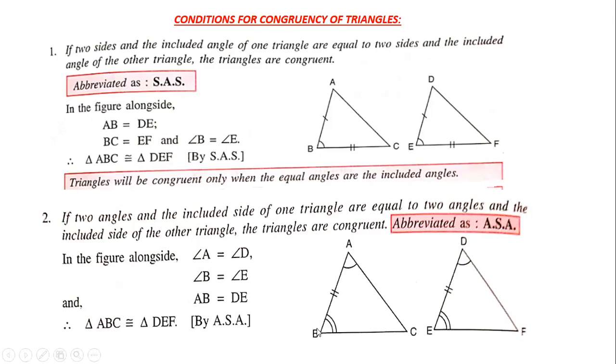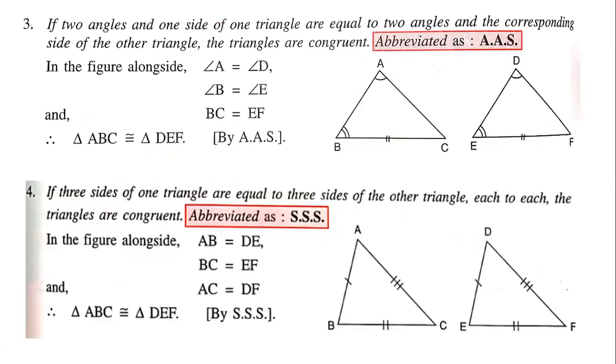See, AB is also equal to DE. That means our condition is satisfied. Angle, side, angle. That means the side is included between those two angles. This is our second axiom. The first we have done, SAS, side, angle, side. Second, angle, side, angle. Come to the third one.